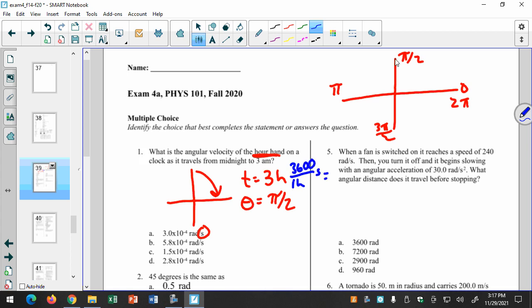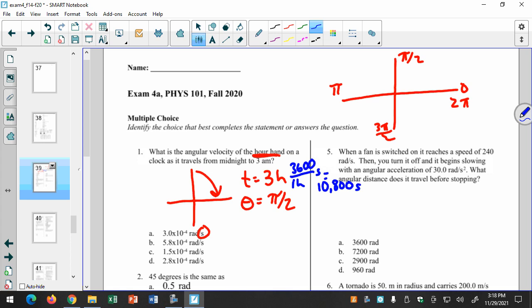So that's equal to 10,800 seconds. And so that's in seconds.